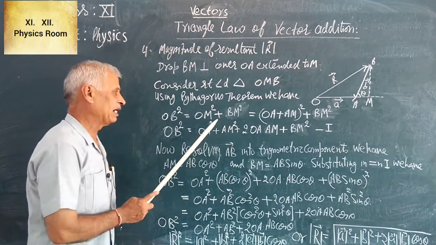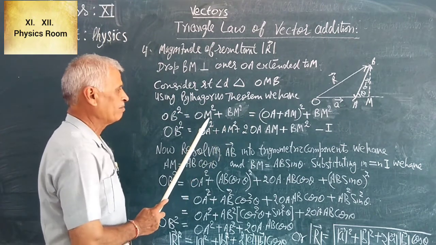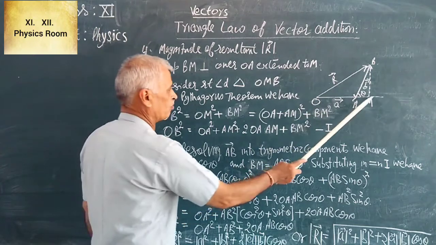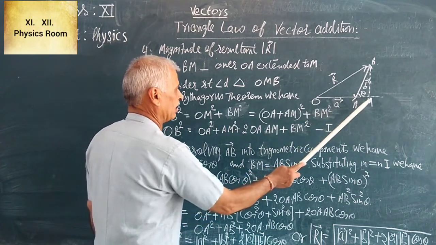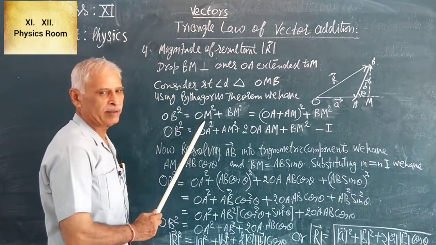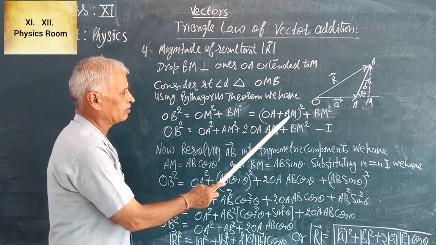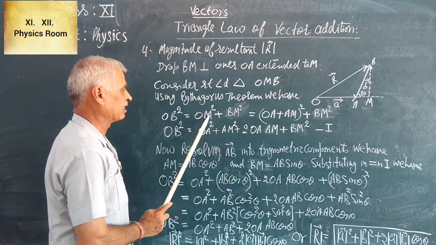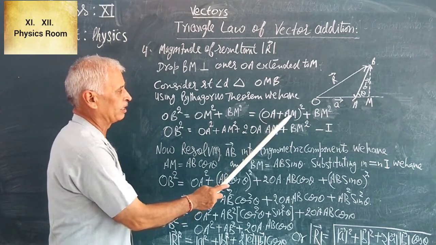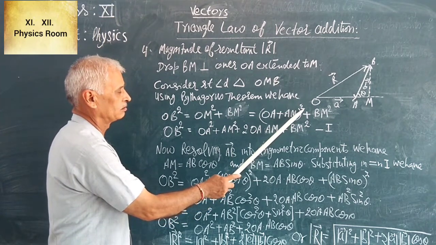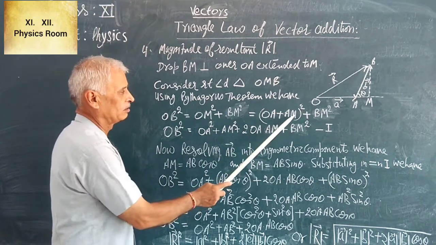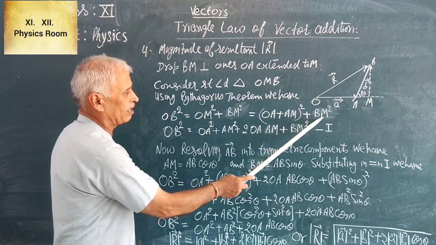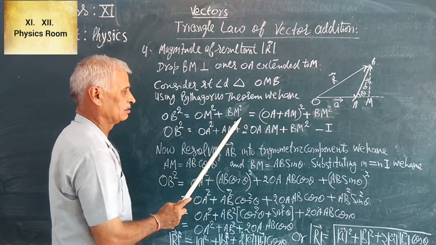Or we can split OM in two parts, OM as OA plus AM. So OM square is OA plus AM whole square, plus BM square as it is.